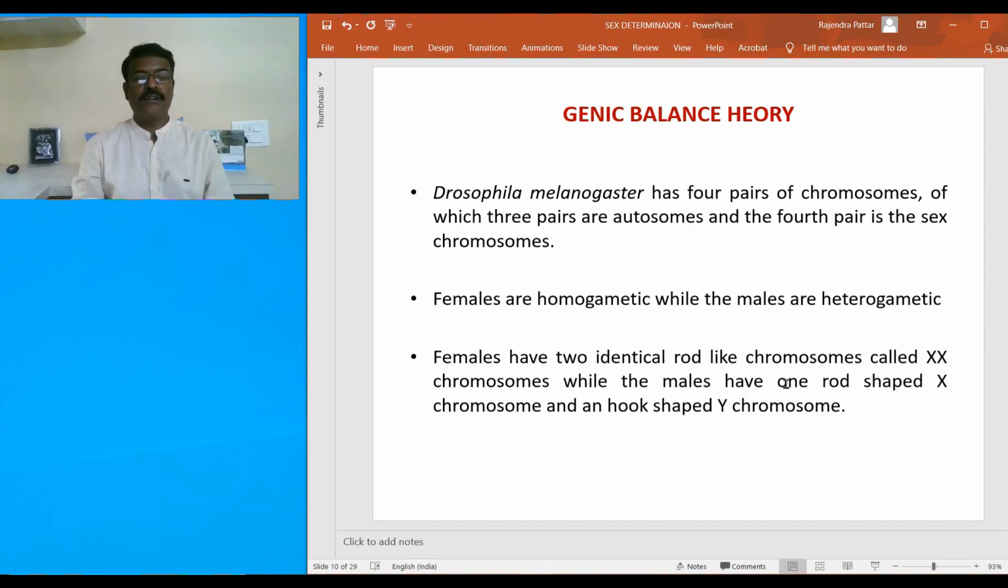Moving on to the next one, the determination of sex in the case of Drosophila, by referring to the XX and XY mechanism. How? As you know, in Drosophila, females are homogametic, carrying XX chromosomes. The males have a different chromosome complement, as I said before: one rod-like X chromosome and another hook-like Y chromosome.